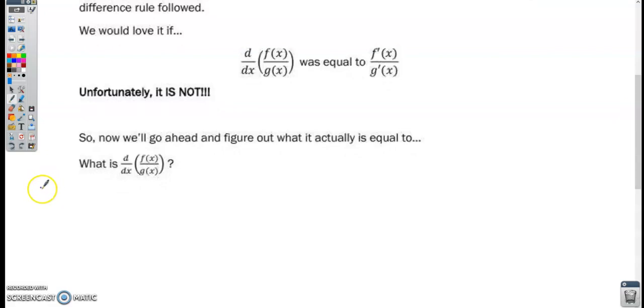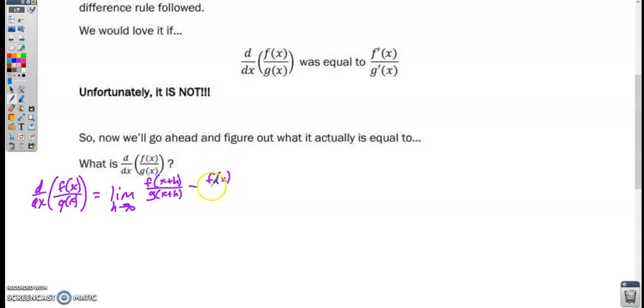The derivative with respect to x of f of x over g of x is equal to the limit as h goes to 0 of, well, we put x plus h into the quotient, and we put x into the quotient, and we've got this as our numerator, and all of that over h.